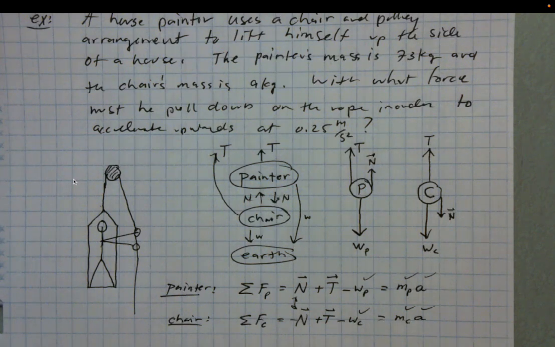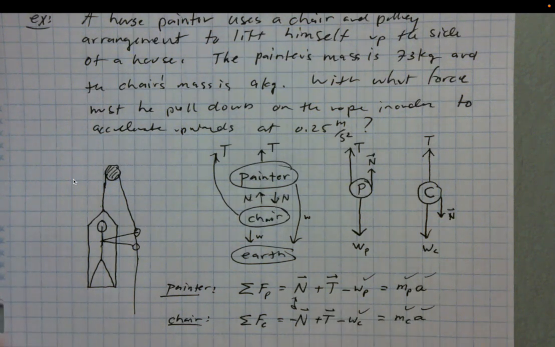That represents how hard the painter pulls down on the rope. That's what creates the tension. So tension is the force we're targeting. We know all of the quantities except the tension and the normal force, so let's solve for T and plug in N from the other one.